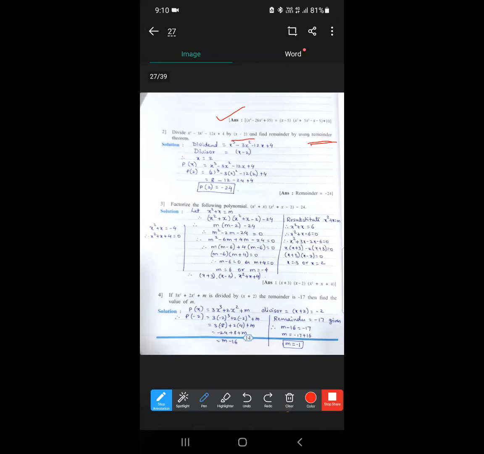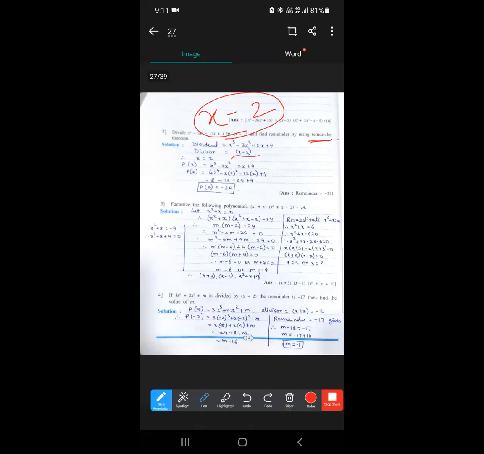Okay, so your dividend is given, that is x raised to 3 minus 3x square minus 12x plus 4, and the divisor is x minus 2. Because you have to use the remainder theorem, you need to substitute the value of x.